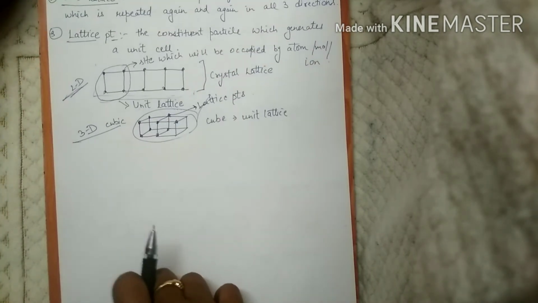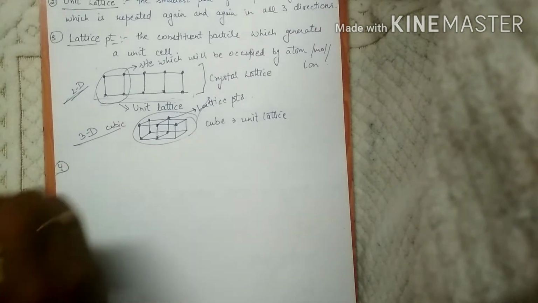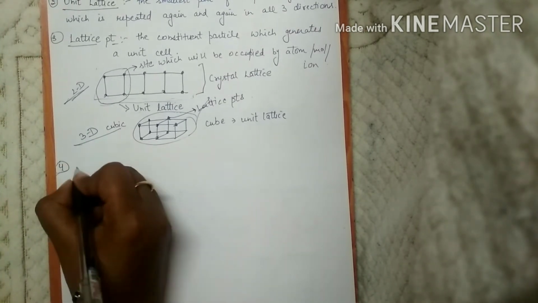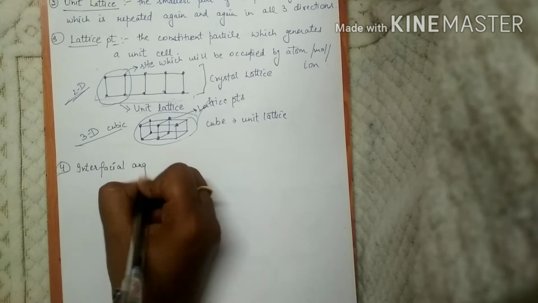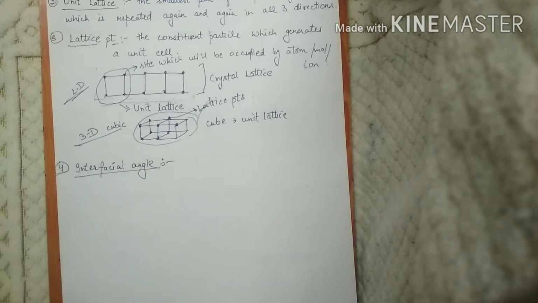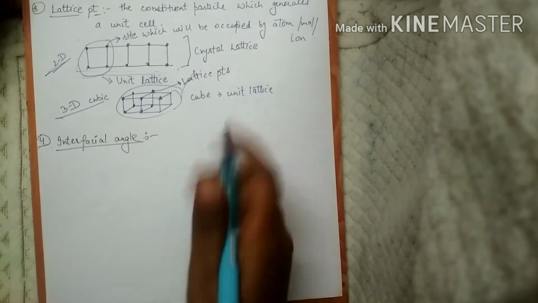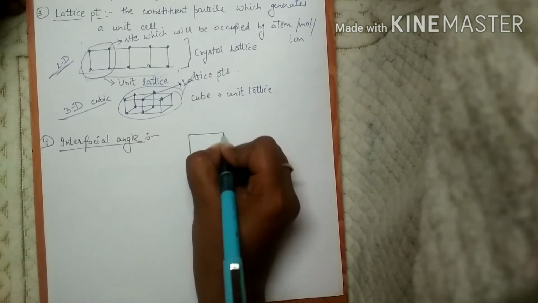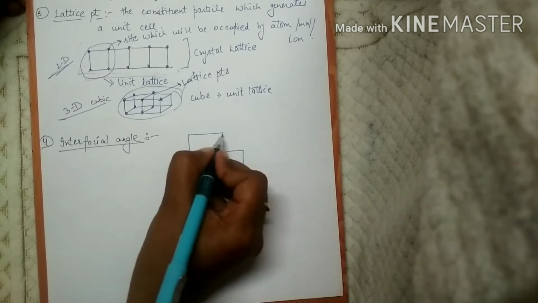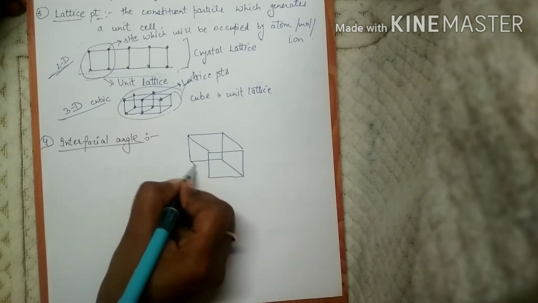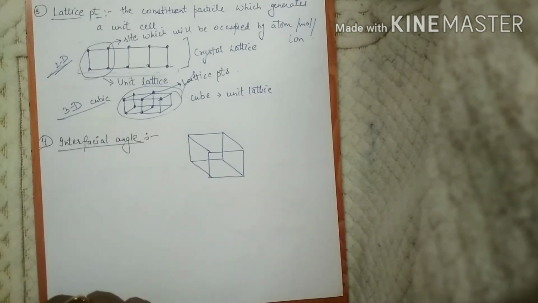So now we'll go on to the fourth term, that is interfacial angle. The name itself tells about this term, that the angle between the two faces of any given crystal lattice. Suppose there is a cube and I want to find the interfacial angle between two faces.